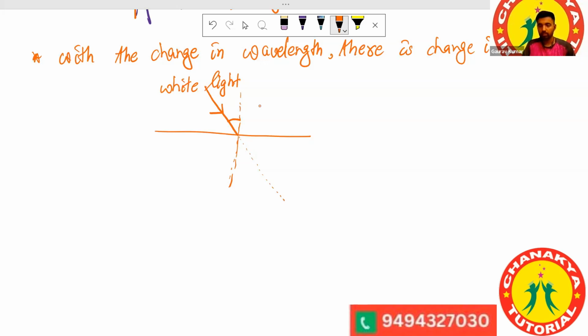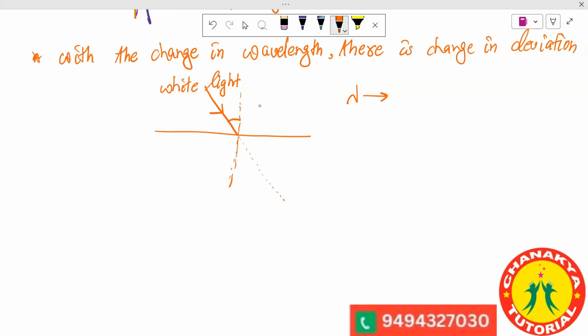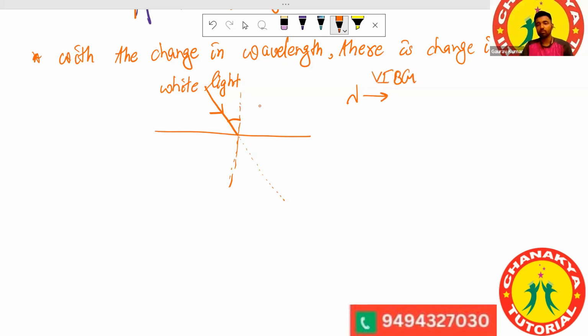the wavelength. Tell me, which color has the highest wavelength among your 7 colors? Red. Those are rough estimates; we don't need to remember the exact values.